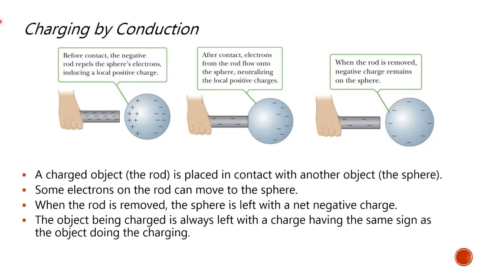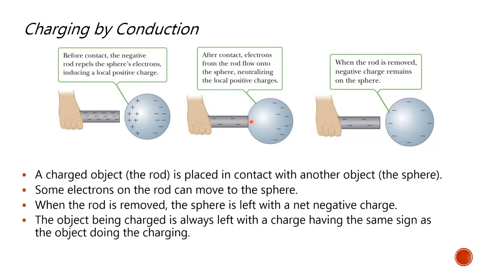Before contact, the negative rod repels the sphere's electrons, inducing a local positive charge. We have a neutral sphere here, with the same number of positive and negative charges, and we have a charged rod here. Before contact, the negative rod repels the sphere's electrons.